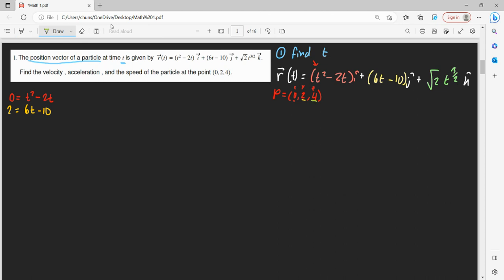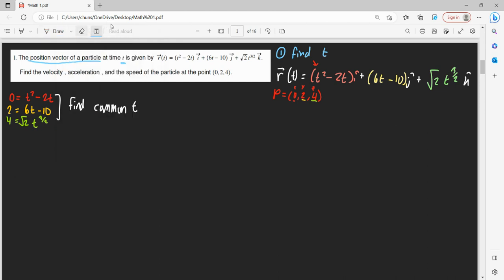That means we want 4 to equal square root 2 times t to the 3 over 2. So we want to find a common value for t that is shared by all of these, that makes each equation true.